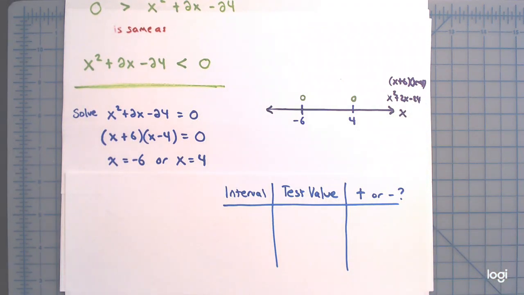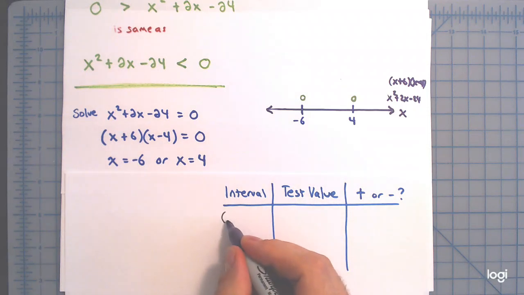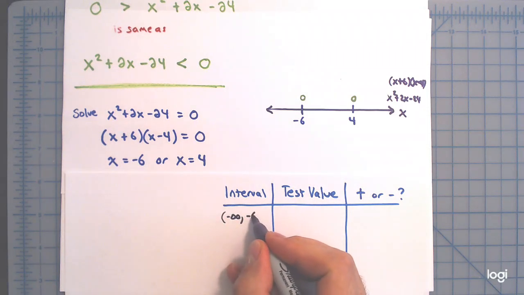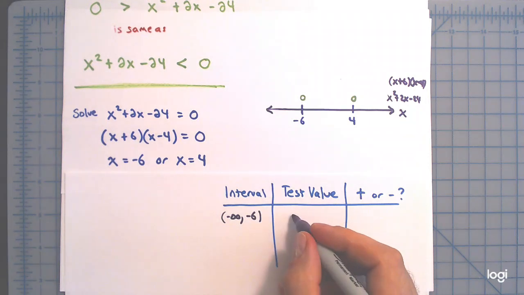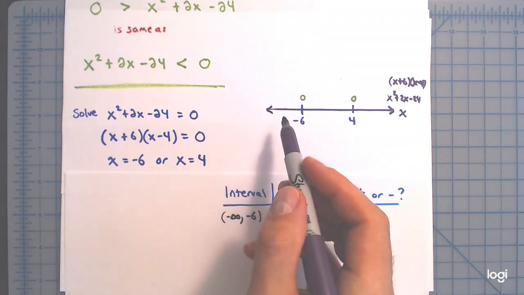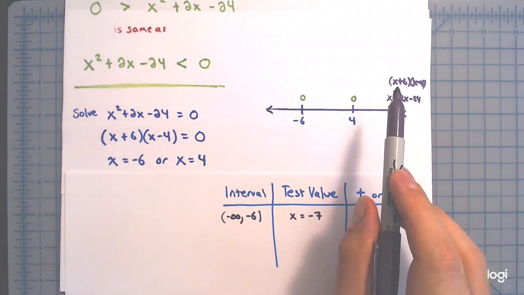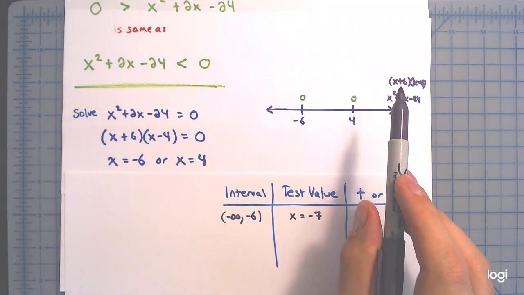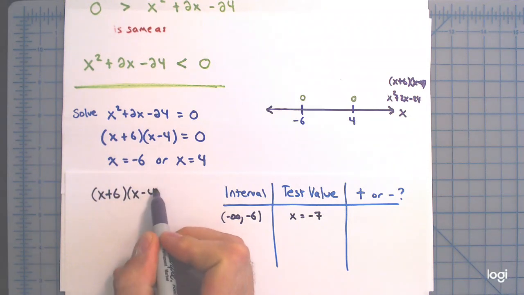The first of these intervals is all the values to the left of negative 6. That would be from negative infinity to negative 6 in interval notation, with parentheses. A nice test value would be, say, negative 7, or negative 8, or negative a million, whatever you want. I'll plug it into the factored form. We have x plus 6 times x minus 4 for that expression.